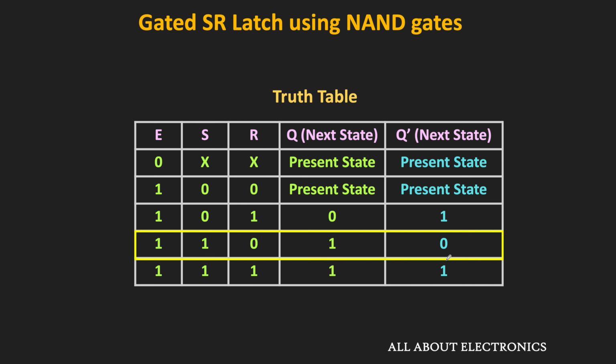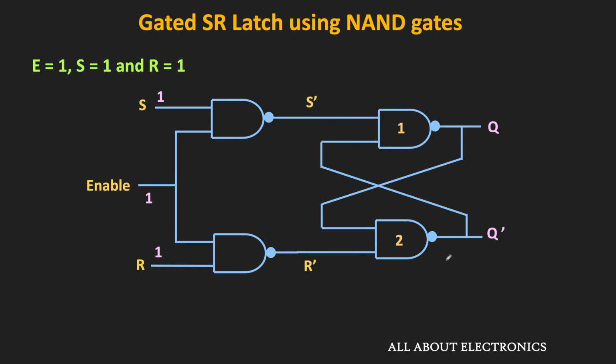And the Q output will become high. And lastly, when both inputs S and R are 1, then both the outputs Q and Q bar will be the same. Because in this condition, both the inputs of these first two NAND gates are 1 and therefore their output will be equal to 0.